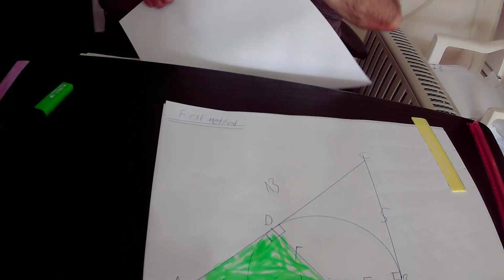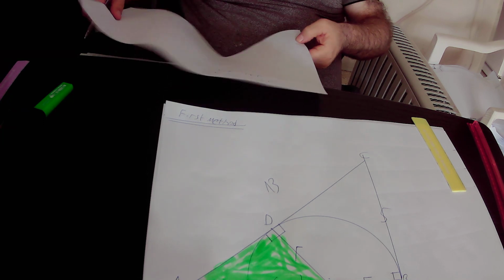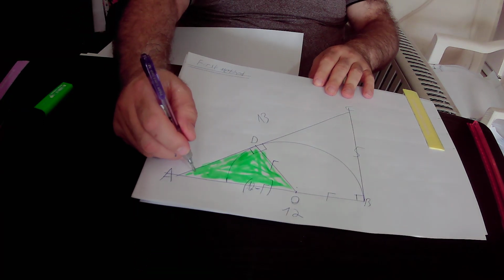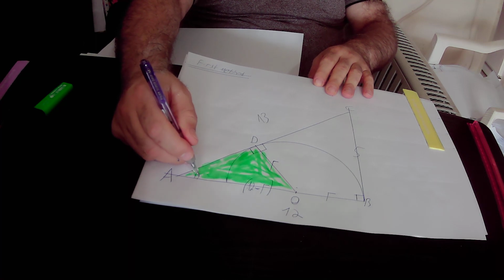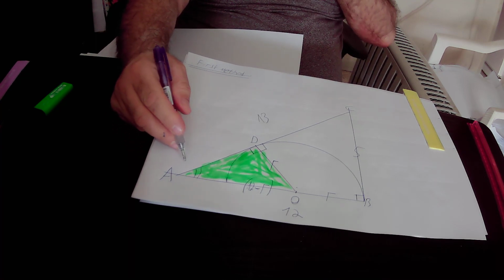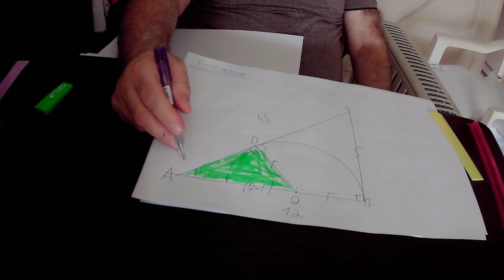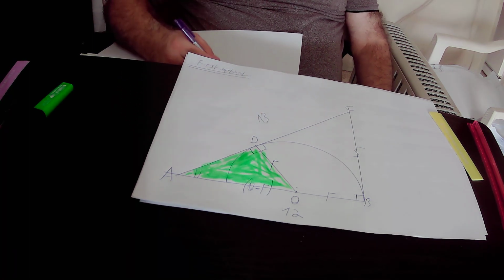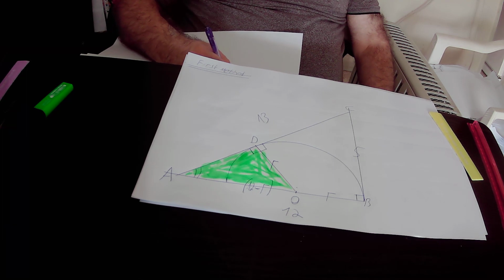And we also have this angle, which is a common angle. It belongs both to triangle ABC and to the green triangle. So we can write down that angle A equals itself.